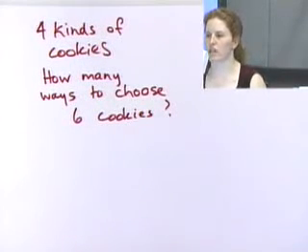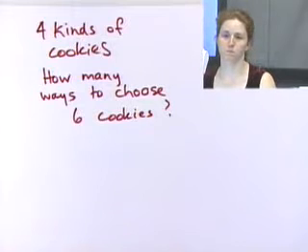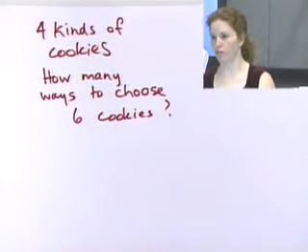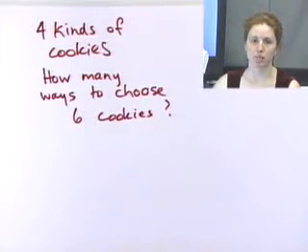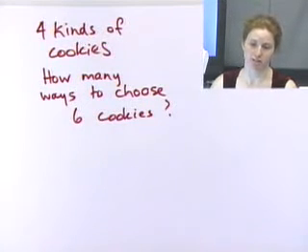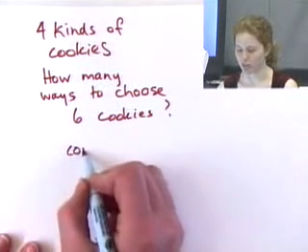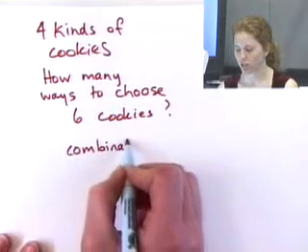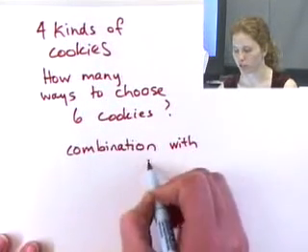How do I get 6 cookies out of that? I can have 2 of one kind, right? So that's why this is a with replacement problem. It's a combination because, as far as I'm concerned, the order of the cookies doesn't matter. So this is a combination with replacement because order doesn't matter, and we're allowed to have more than one of the same kind of cookie.